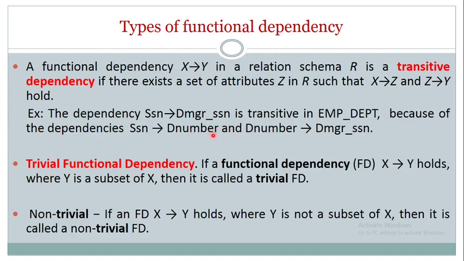As you can see here, the dependency SSN determines manager SSN is transitive because SSN determines department number and department number determines manager SSN. So according to the transitive dependency, SSN can determine manager SSN. So this is called a transitive functional dependency.